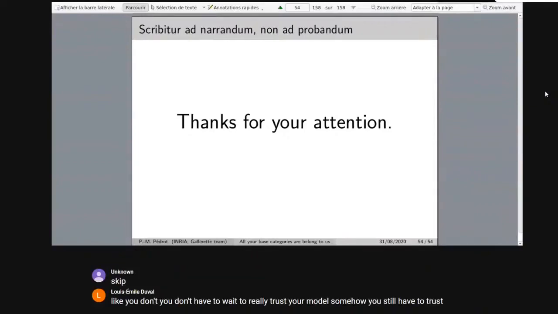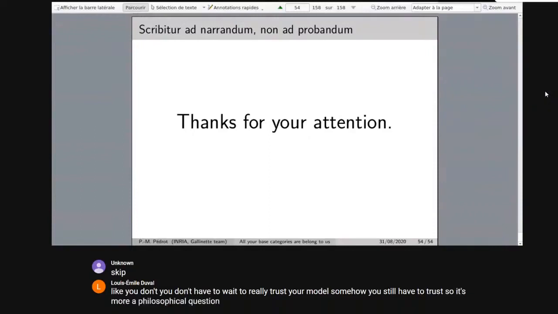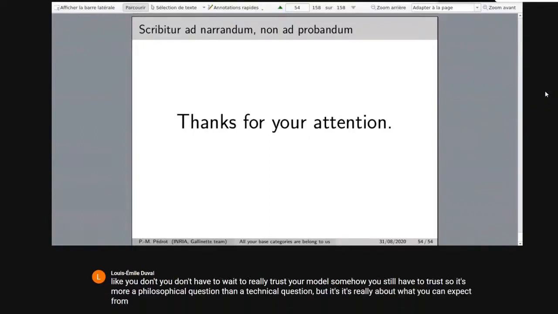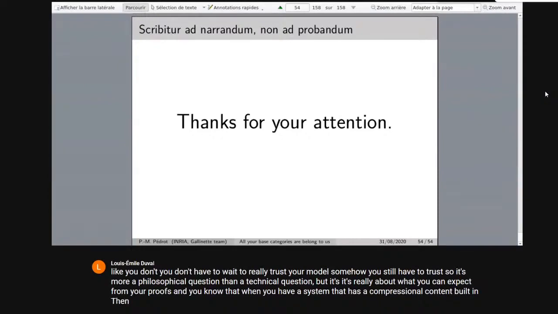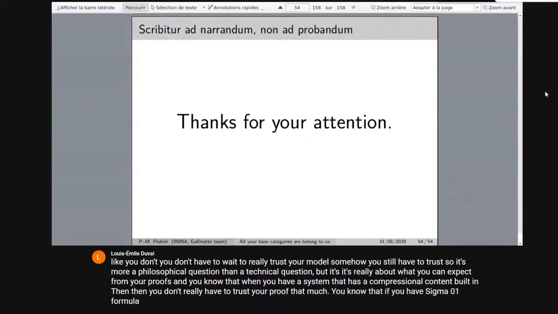So it's more a philosophical question than a technical question. But it's really about what you can expect from your proofs. When you have a system that has a computational content built in, then you don't really have to trust your proof that much. You know that if you have a Sigma 0 1 formula, then you can compute and get something that you can observe.